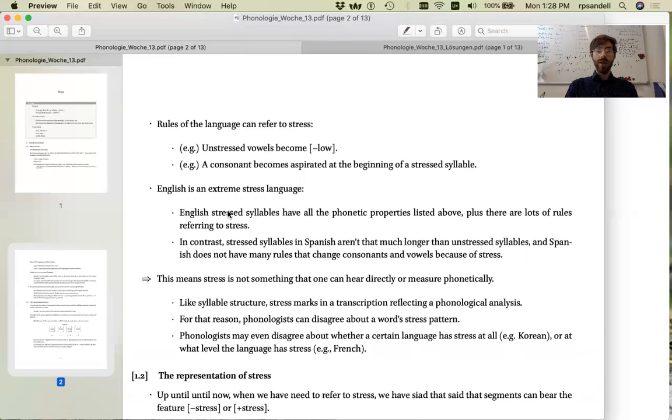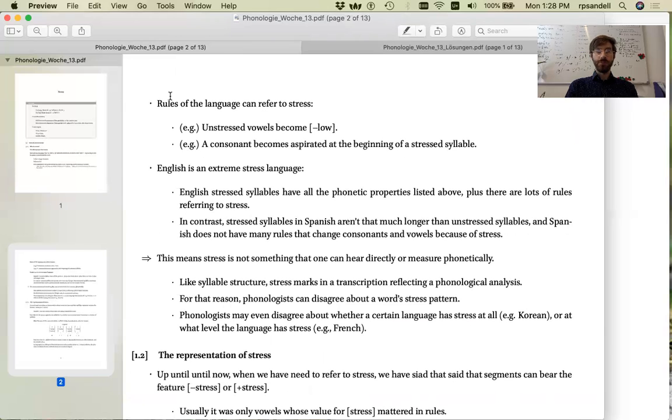Now, when rules of the language refer to stress, we sometimes see various properties, various changes happening. So, for instance, you could have a rule that says that an unstressed vowel needs to become non-low, or that a consonant, for instance, becomes aspirated at the beginning of a stressed syllable. We've seen rules of both of these sorts earlier in this course.